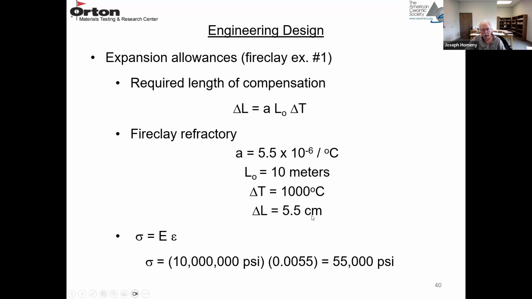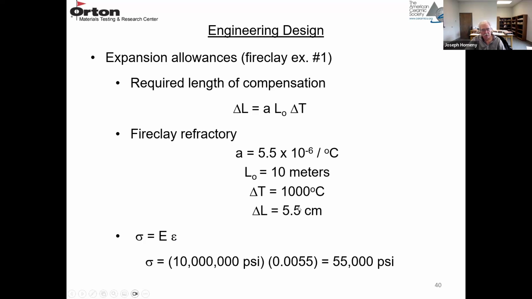It doesn't sound like a lot, but if you go to this equation to calculate the compressive stress, sigma equals Young's elastic modulus E times epsilon, which is the strain. So the stress that develops, sigma, equals 10 million PSI, that's the Young's modulus of a fire clay refractory, times the strain, which is just 5.5 centimeters divided by 10 meters or 1,000 centimeters.